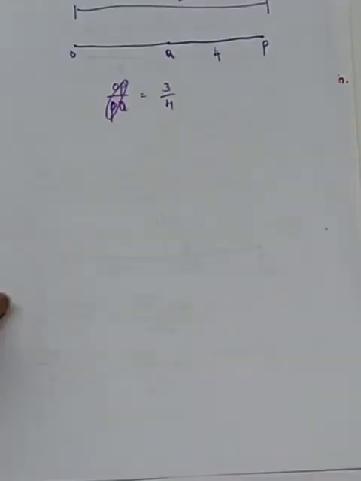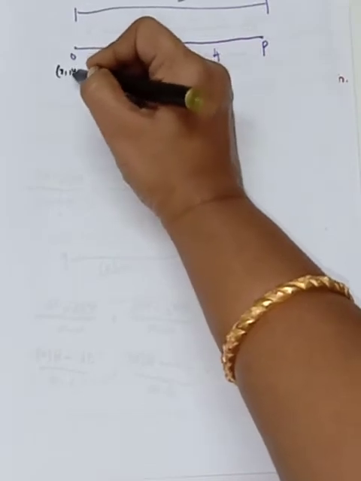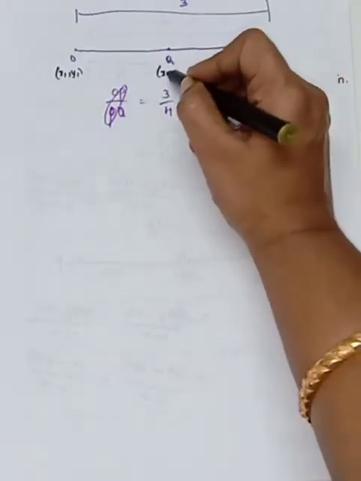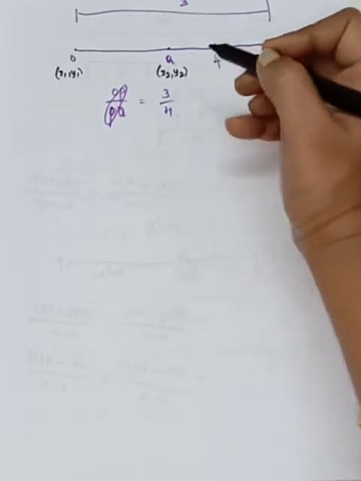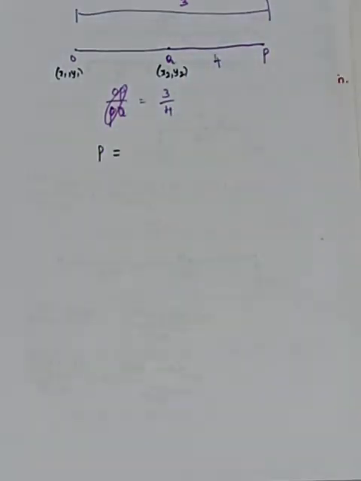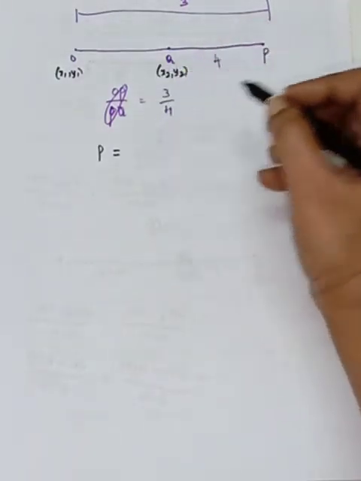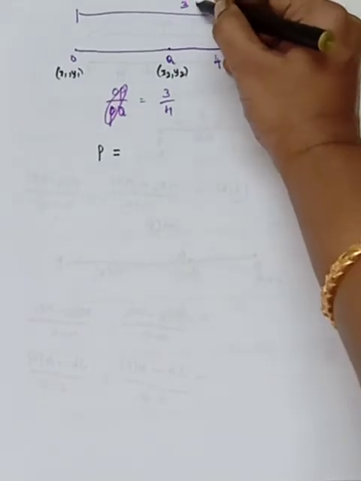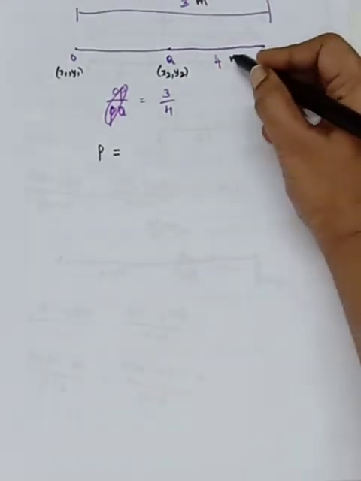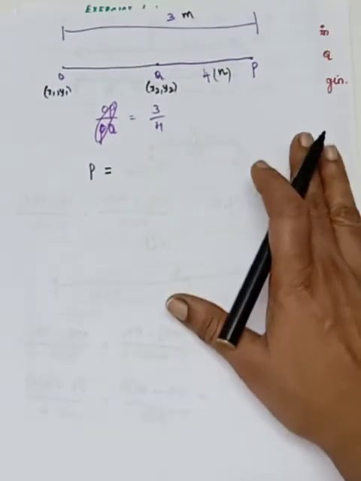Okay, so here we are going to use the section formula. See now, this O was taken as (x1, y1) and Q was taken as (x2, y2). Now we are going to find the coordinates of P using section formula. It divides in the ratio m is to n.